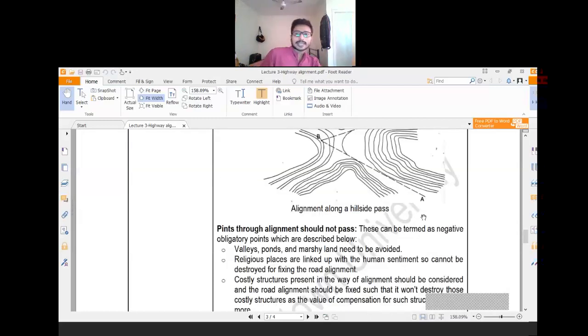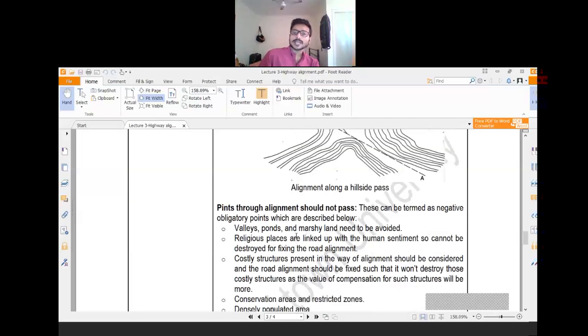Now coming to the negative obligatory points. There are different types of negative obligatory points. Some of them are: first, ponds and marshy lands need to be avoided. If there are any ponds or watery areas or marshy land, you need to avoid that area.